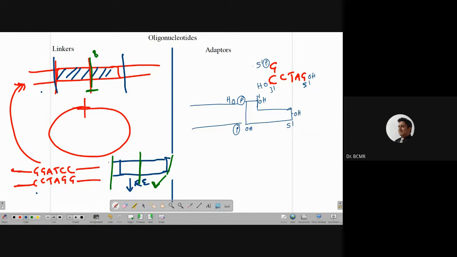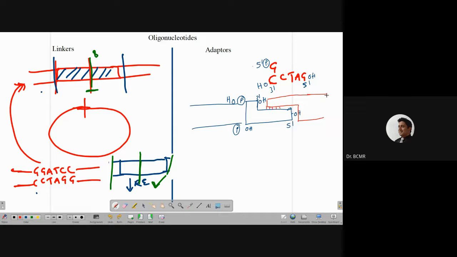That is done essentially because we do not want self-ligation of the adapter, because we are going to add ligase, and if another adapter is something like this, it will be self-complementary. If this was a phosphate group, right? Wait, I will just go back.